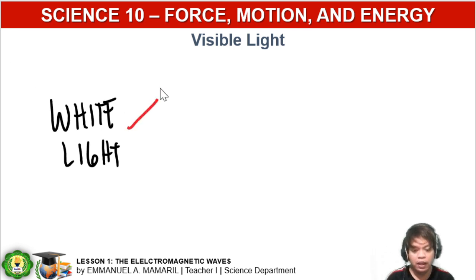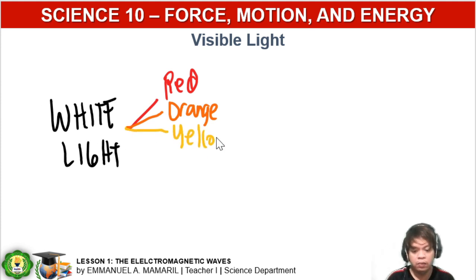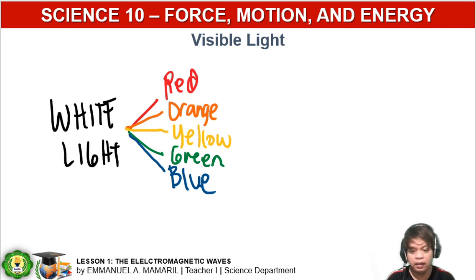So first, we have red, and then we have orange, and then we have here yellow, and then in the middle, green, and then blue, and then in other books, it goes only up to violet. It's the same for indigo and violet, the violet.